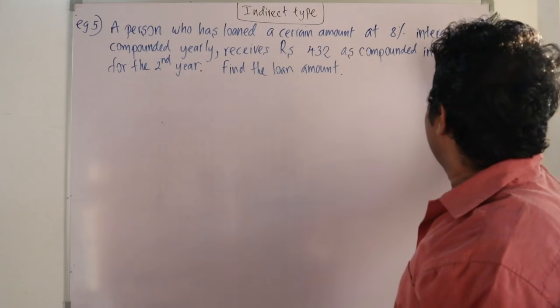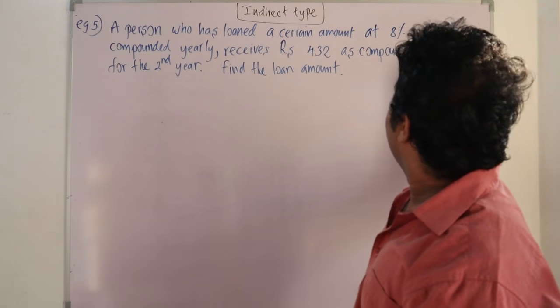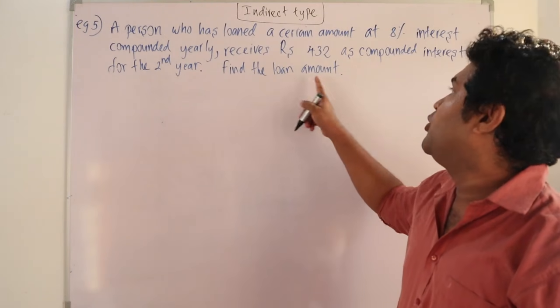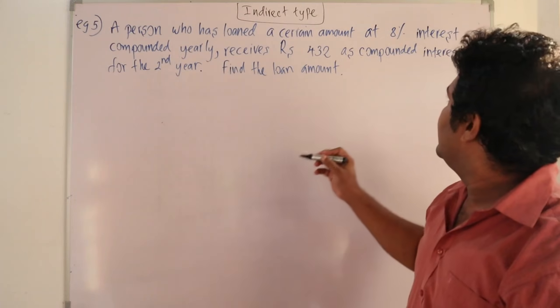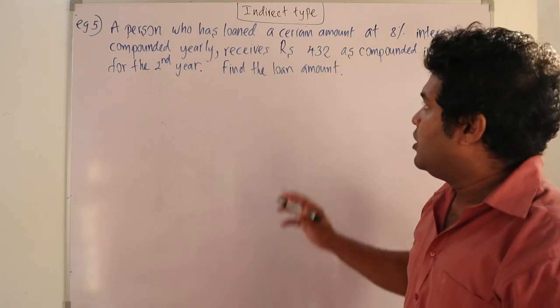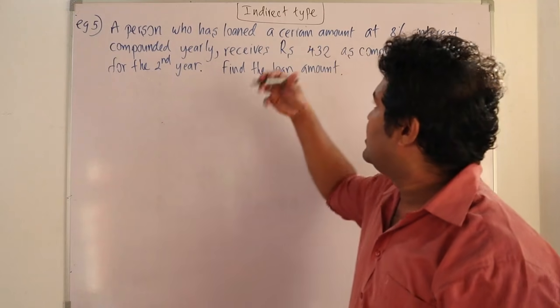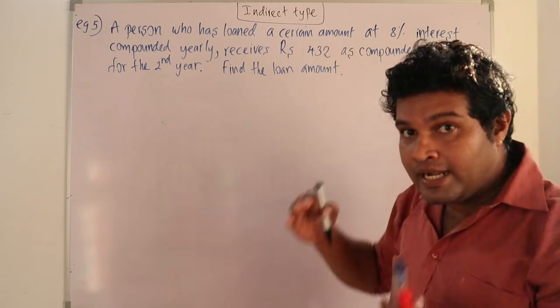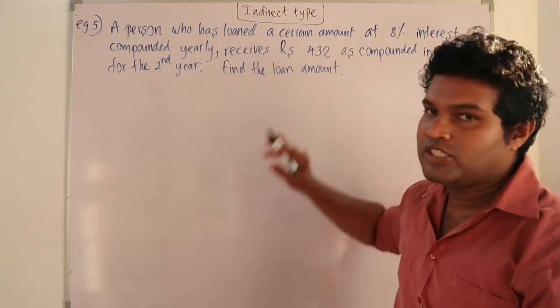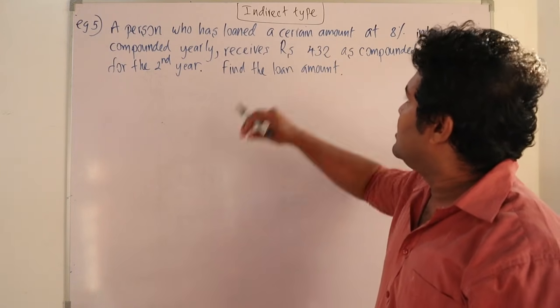But this time they give the compound interest for the second year. Find the loan amount. The same question, but different data, right? Don't complicate it with the previous one. You get the difference, because in the exam some question can be given in this way.